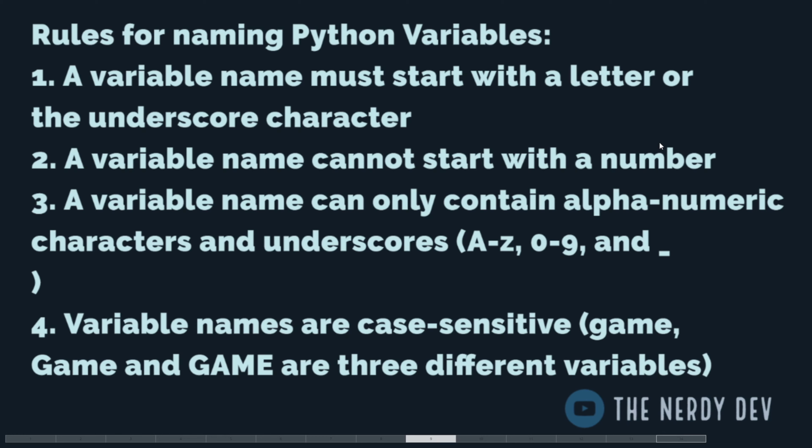But it should not start with a number. The variable names are case sensitive, meaning that if we have 3 variables, game in lowercase, game with the first character in uppercase, and game with all characters in uppercase, all 3 of them are different variables.